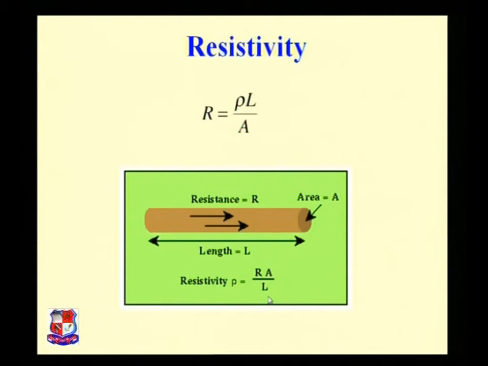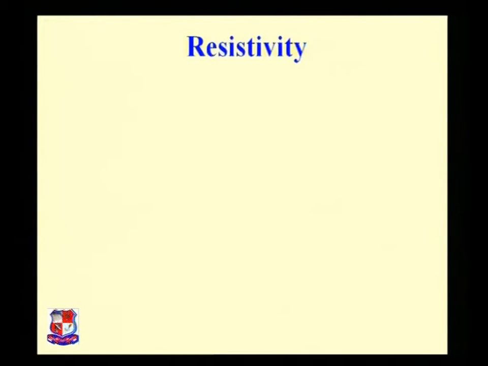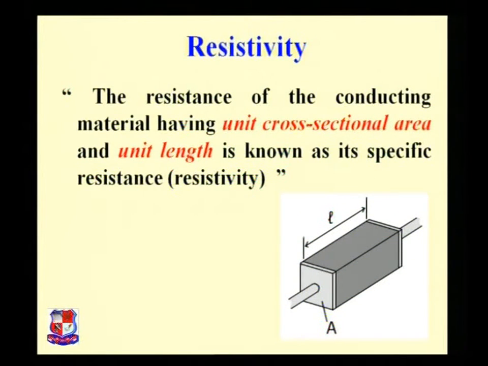Now we define the resistivity. The resistance of a conducting material having unit cross-sectional area and unit length is known as its specific resistance or resistivity.